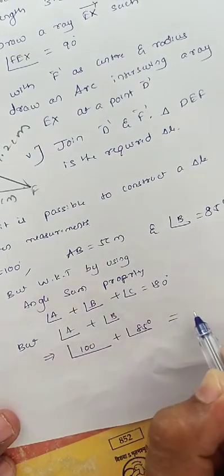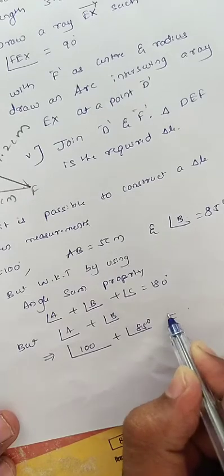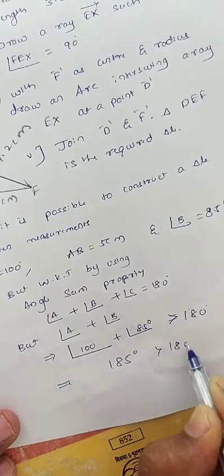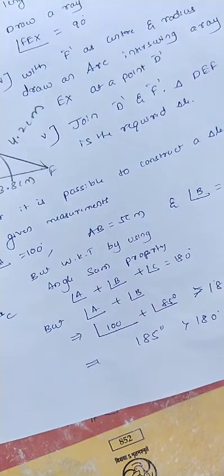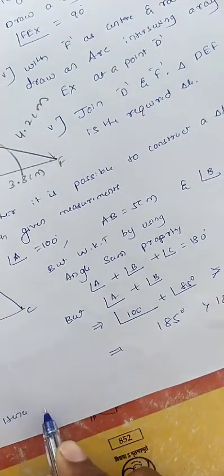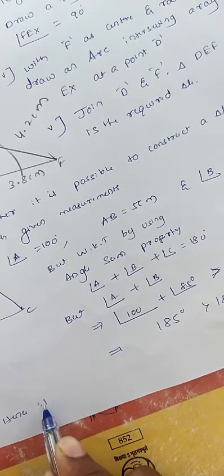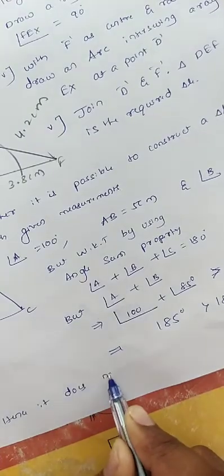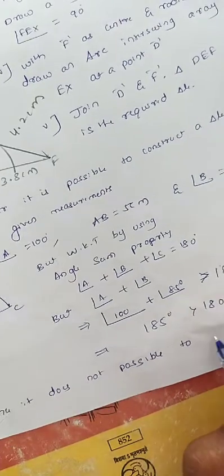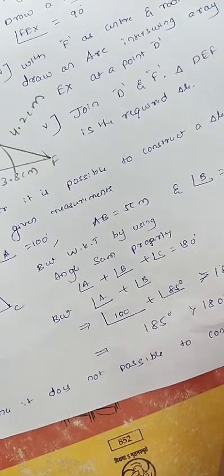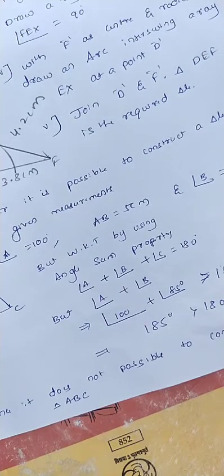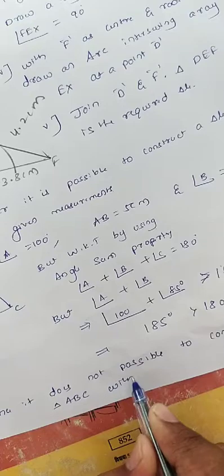Is it equal to 180? No, it is greater than 180. So 185 is greater than 180, hence it does not hold the angle sum property, hence it is not possible to construct a triangle ABC with the given measurements.